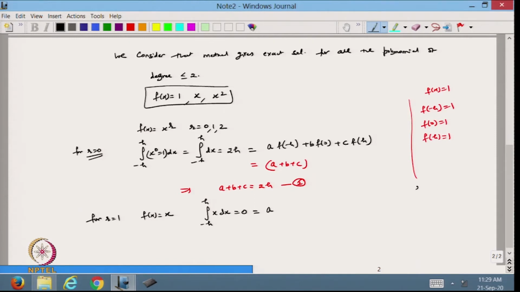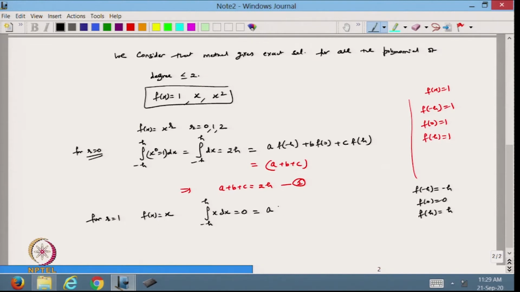What will be the value of f(minus h)? It means I am putting x equal to minus h, so the value of the function will be minus h. f(0) will be 0, f(h) will be h.